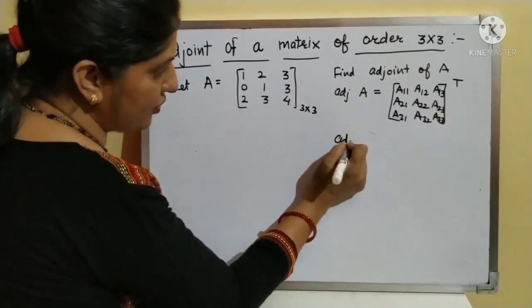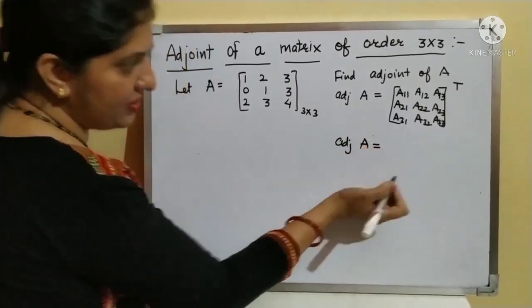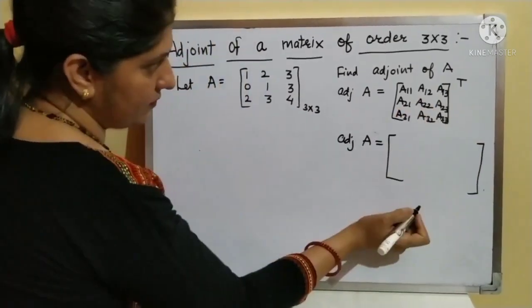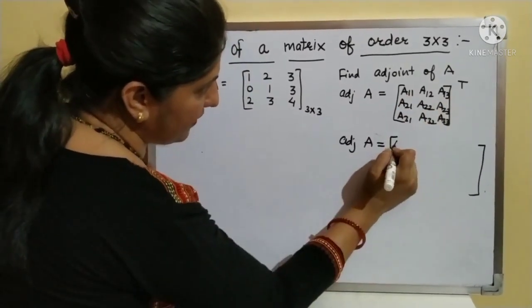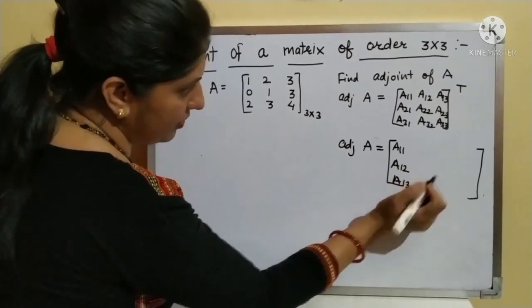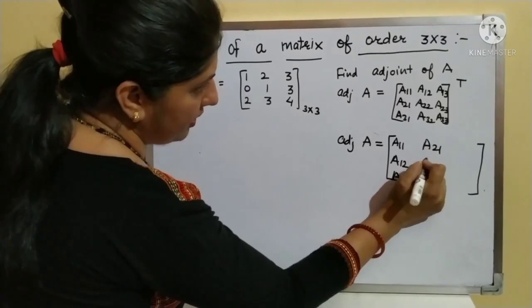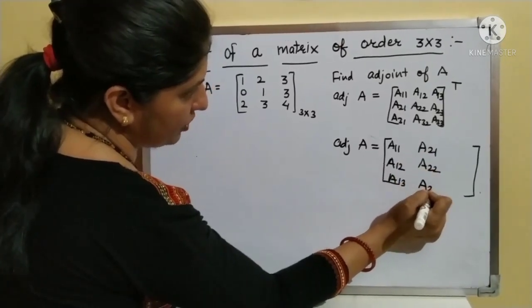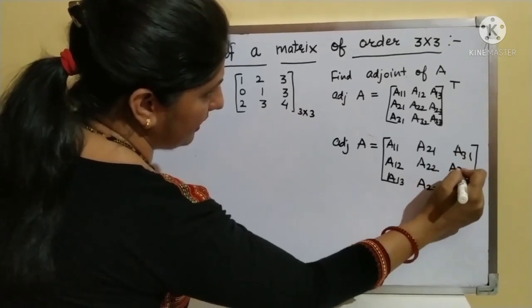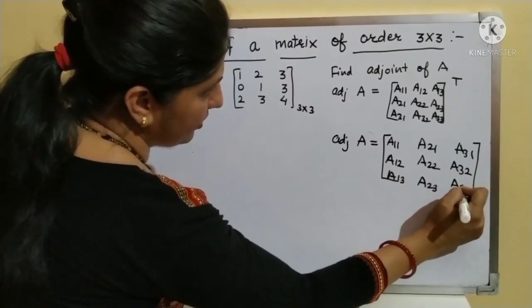So, actually, the adjoint of matrix A is equal to the transpose: the first row becomes the first column, A11, A12, A13, then A21, A22, A23, then A31, A32, A33.